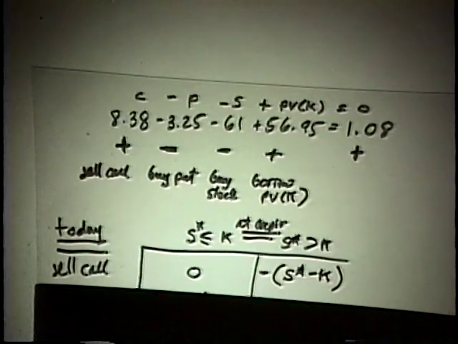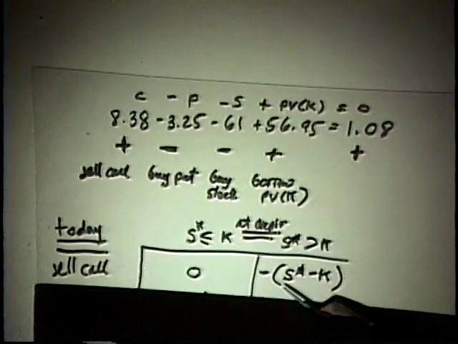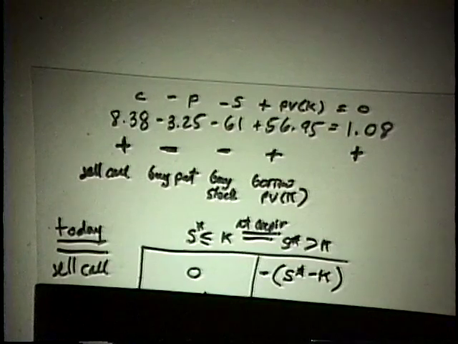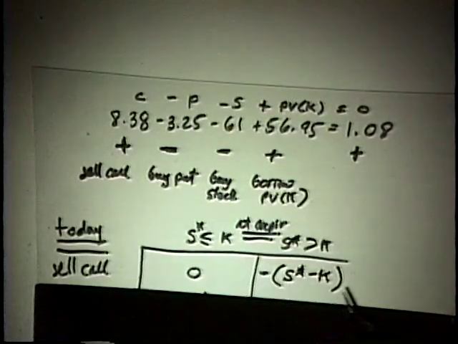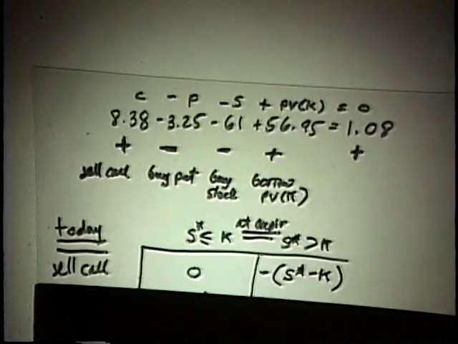If I've written or sold the option, my payout is the exact negative of the payout of the person that bought the option. So I just put a negative sign around the S star minus K.